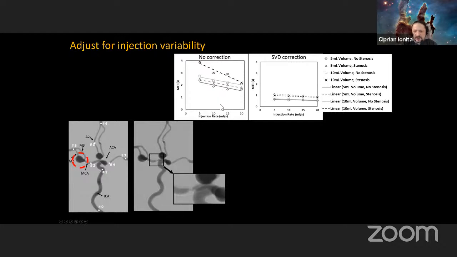Because now, if I have a center where this surgeon is injecting 20 milliliters per second at a 10 milliliter volume, and another one somewhere else is injecting something less at 5 milliliters, they are not going to get the same mean transit times. And here, we placed a stenosis.